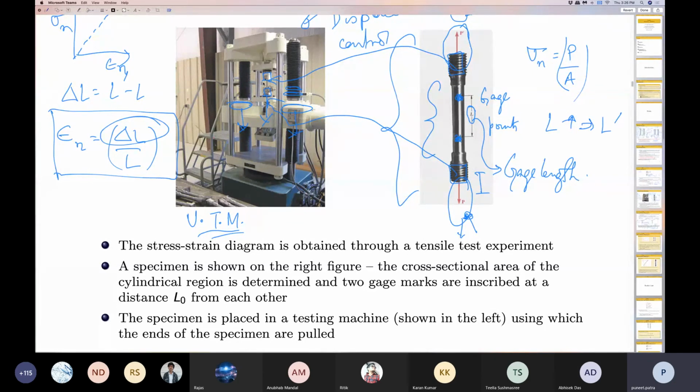So what these machines do is they apply displacement. You can see, this end is moving downwards and this end is also moving downwards. So basically we are applying displacements, not the force directly. Is it clear to the person who asked the question? Yes, sir. It's clear. Okay, thank you.